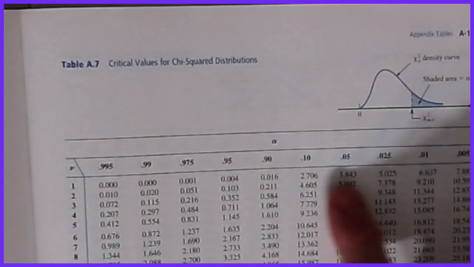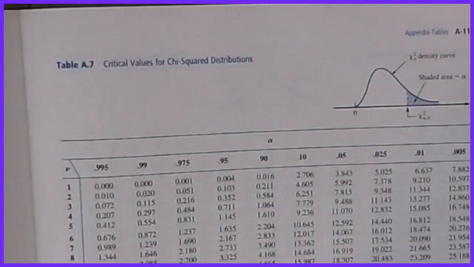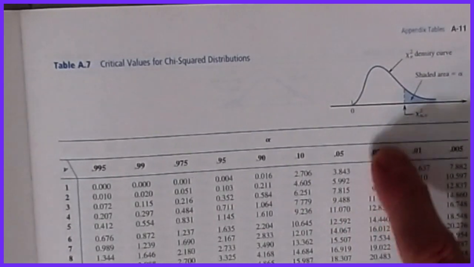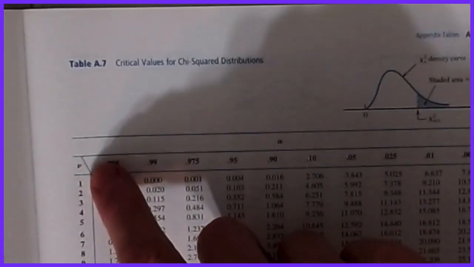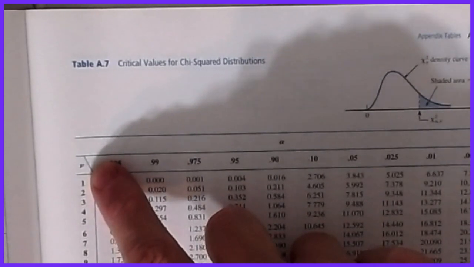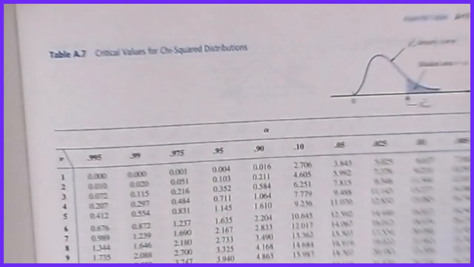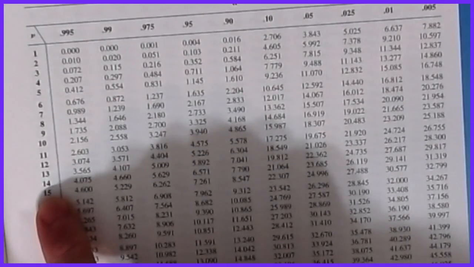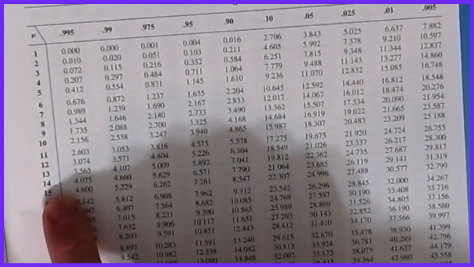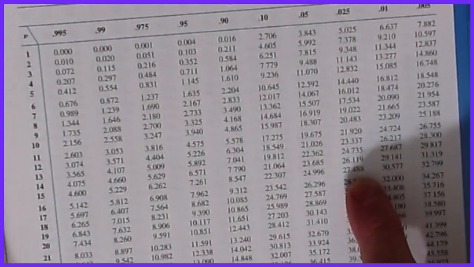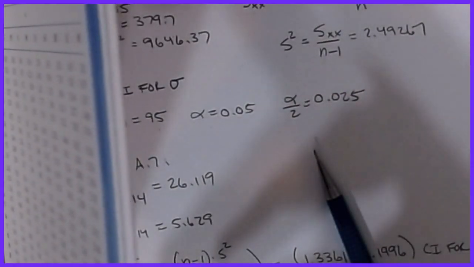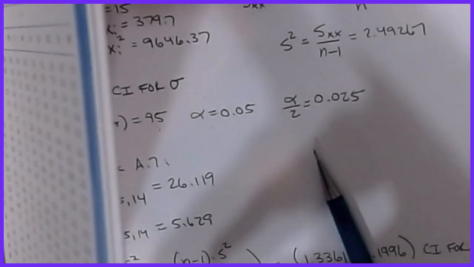I look for my alpha value, and they've got some tabulated here for you. If I want the alpha of 0.05, or the alpha over 2 of 0.025, that's a common one. All I do is read down for the nu value. For us, we're looking at a sample size of 15. If I want the chi-squared of alpha over 2, I'm going to be looking at 27.488, and that's not the value we pull off.